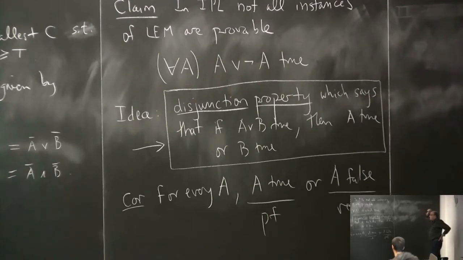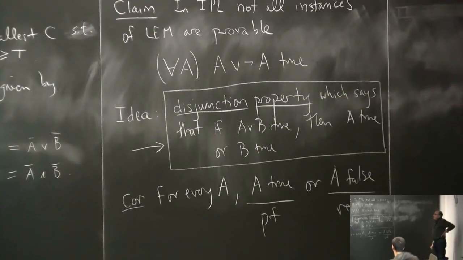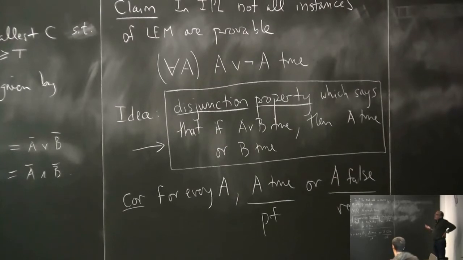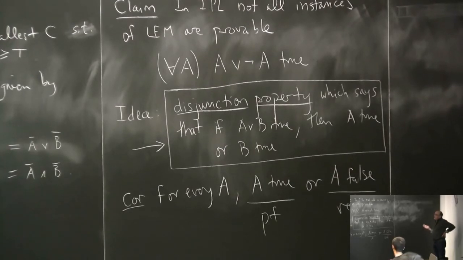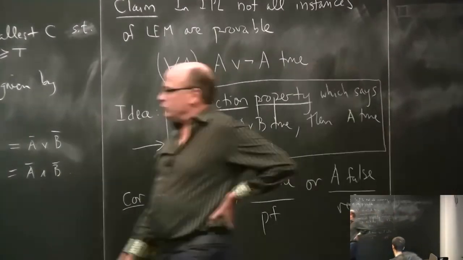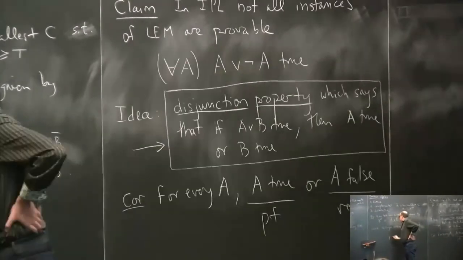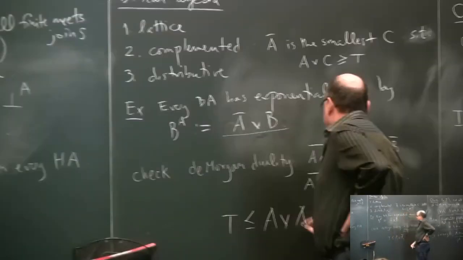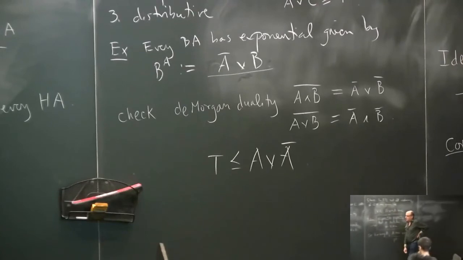Okay, so what do I want to say next? In some form, I want to say there exists a Heyting algebra which is not a Boolean algebra, because you can easily check in a Boolean algebra that true is less than or equal to A or A complement. That's just the definition of what it means to be a complement.